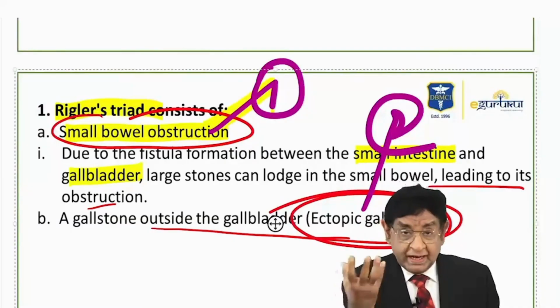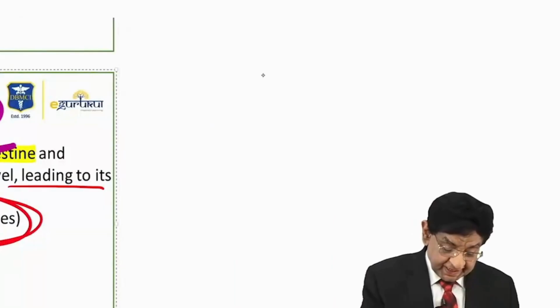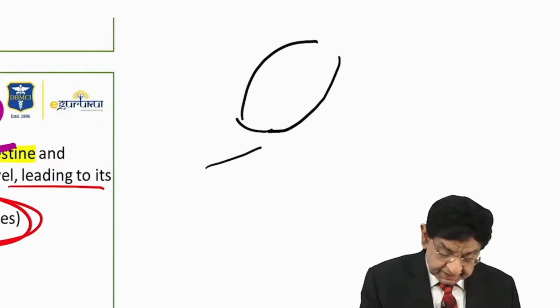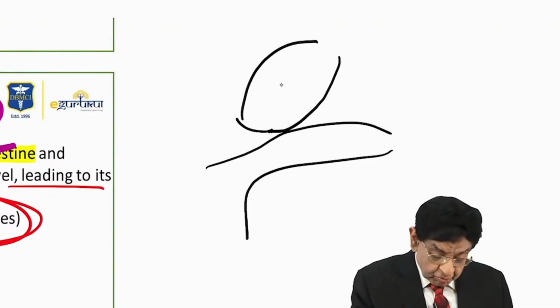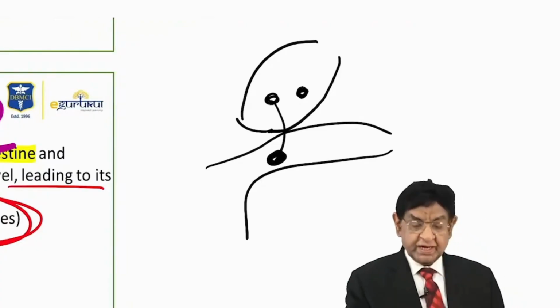Let's say once again, here is the gallbladder, here is the intestine, here is the stone. This stone has come here via the fistula.